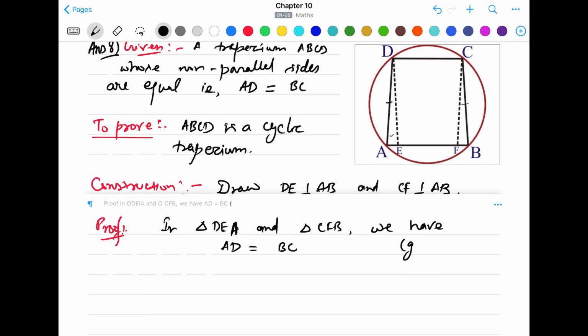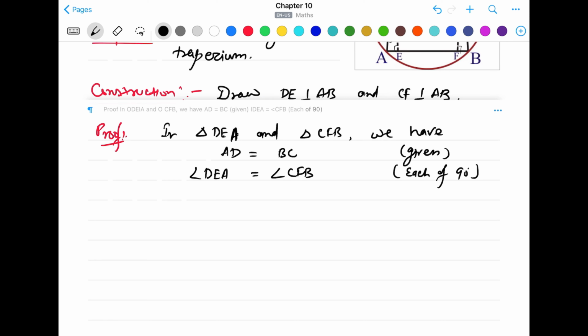This is given to us. Then we have angle DEA is equal to angle CFB. Each angle is of 90 degrees.